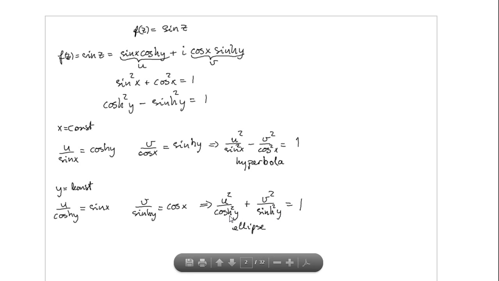And what is this? Recall that y is now a constant, so what I have here is u squared multiplied with some constant, and here I have v squared multiplied with some constant. And we know that in the uv plane this corresponds to an ellipse.